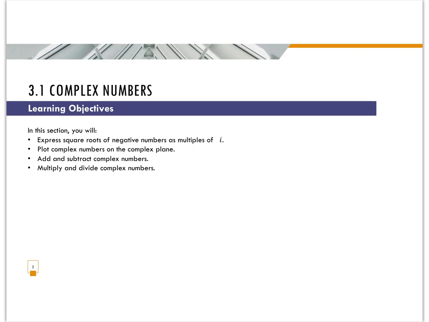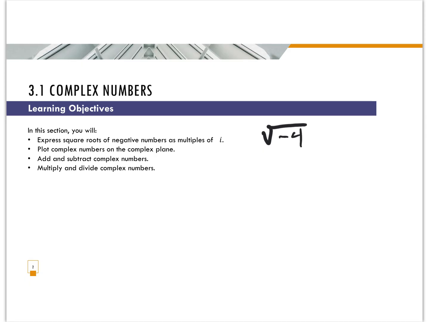Here are your objectives. We're going to express square roots of a negative number as multiples of i, and we may have talked about that just a little bit. I'll just remind you. I believe at some point we talked about the square root of negative 4 being not a real number.